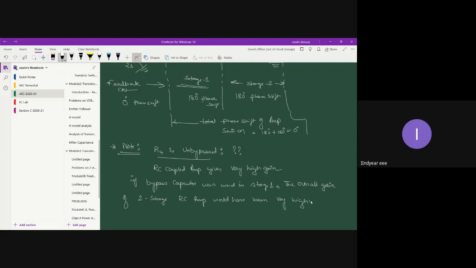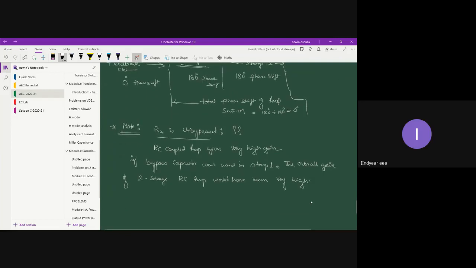We have seen in module 3, in one of the problems, we had considered a two-stage RC coupled amplifier. The overall gain was something like 34,000 units. So imagine if you give 1 millivolt of input, this 1 millivolt of input is going to get amplified by a factor of 34,000 units.